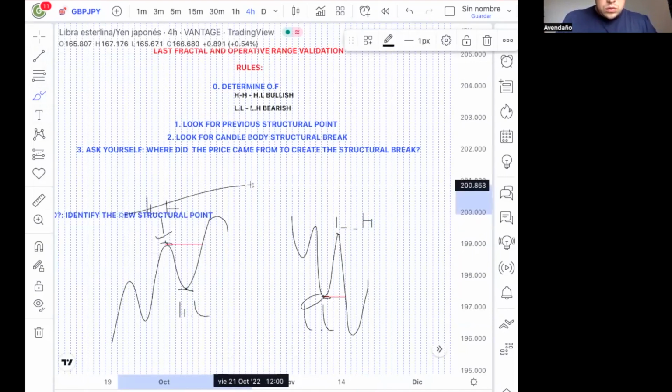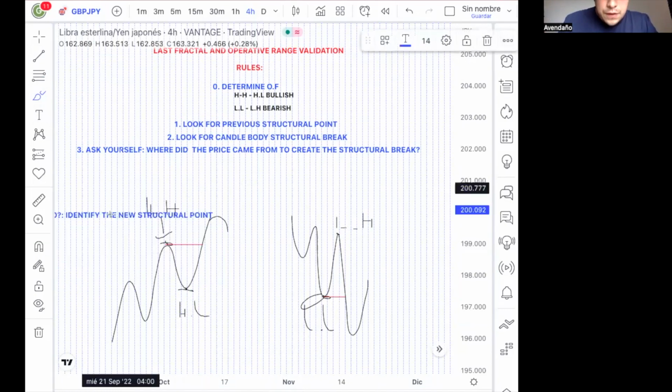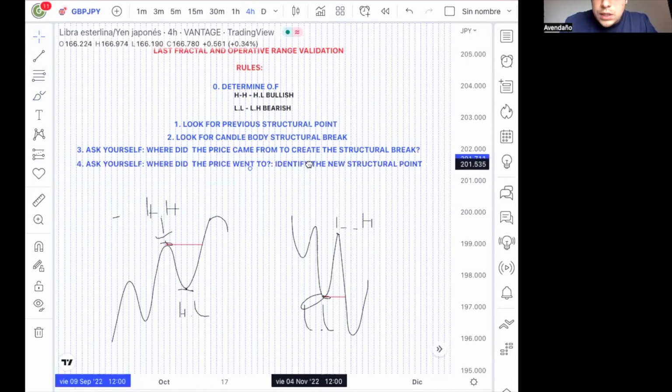So, rule number 4 might be to ask yourself where the price went to. This means to identify the new structural point.